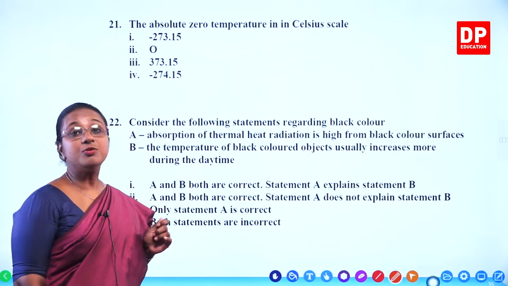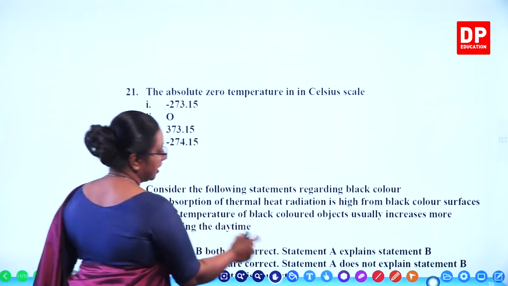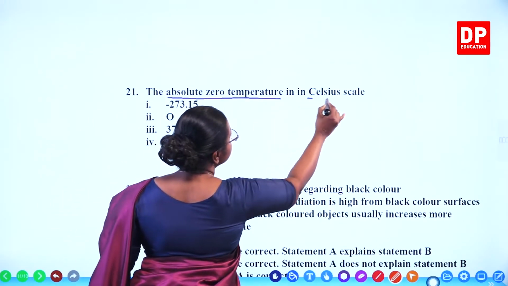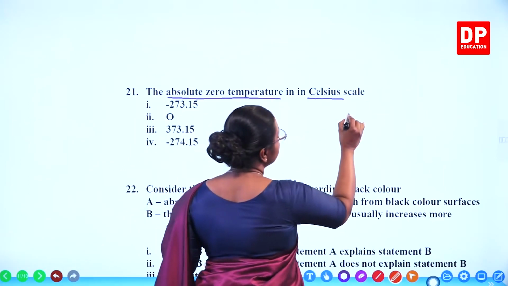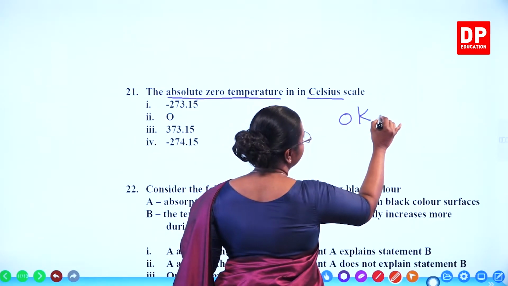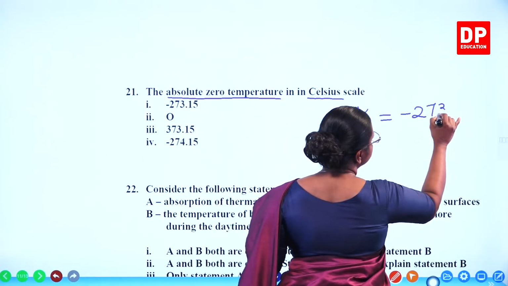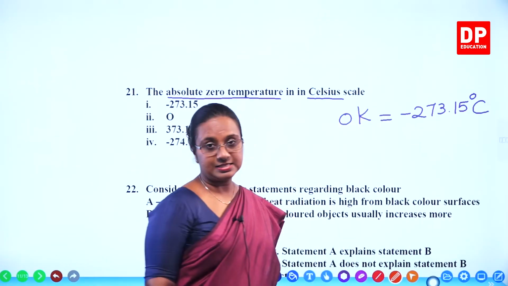The absolute zero temperature in Celsius scale. You all can remember absolute zero is 0 kelvins and that is equal to minus 273.15 degrees Celsius.